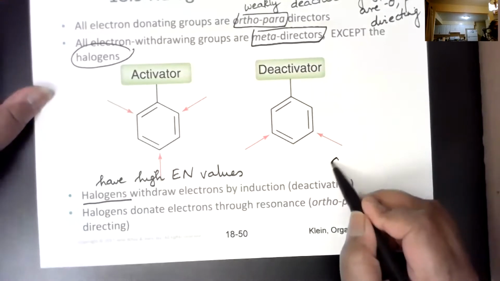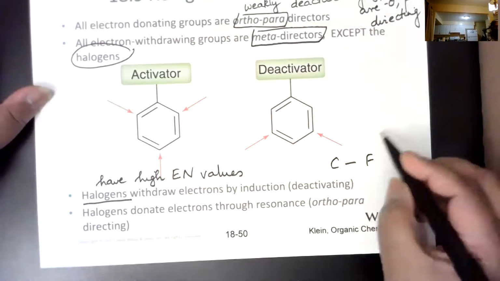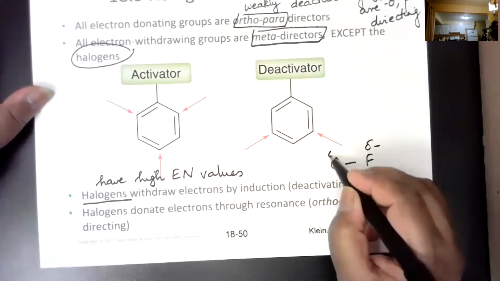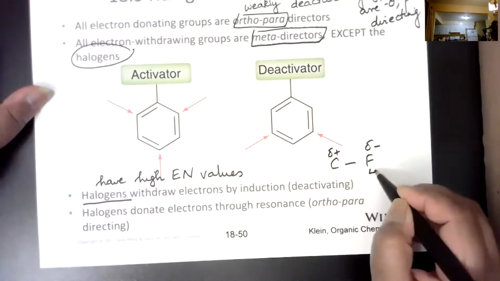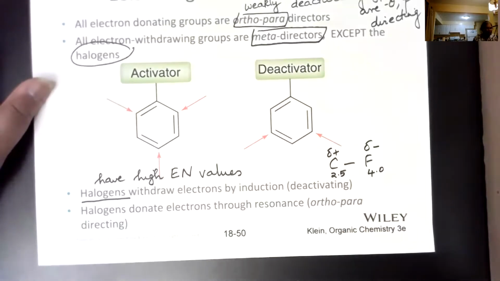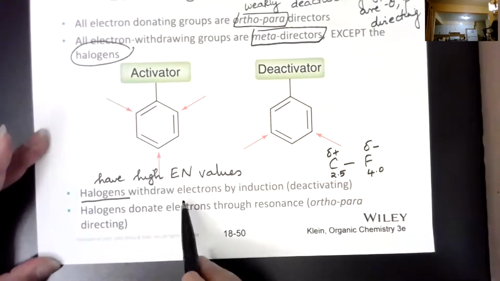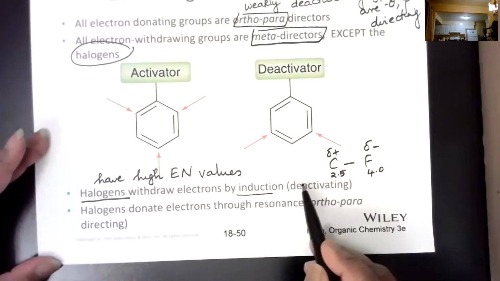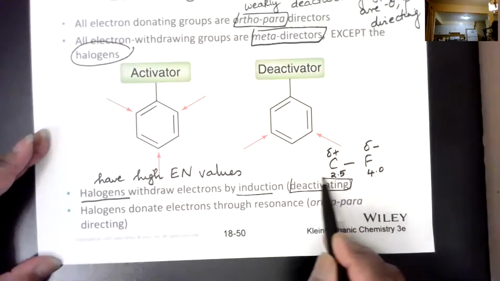So if you have a carbon attached to a fluorine, this is delta minus and this is delta plus. F has an EN value of 4 and this is an EN value of only 2.5. You see that? So halogens withdraw electrons by induction, makes it deactivating.